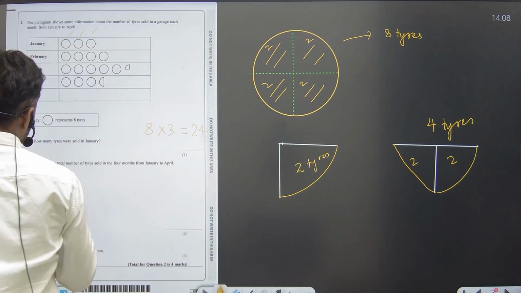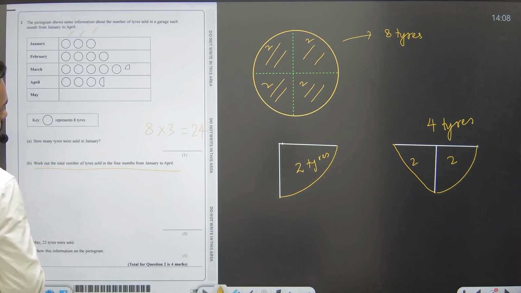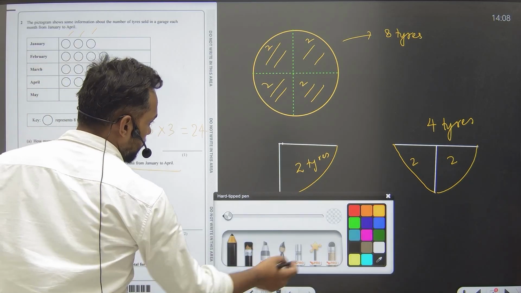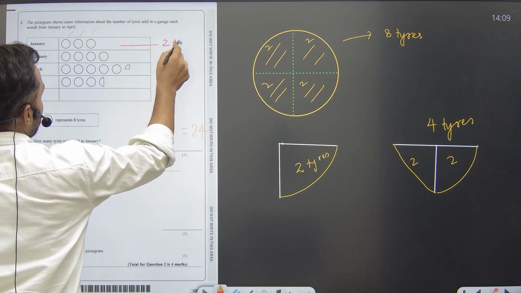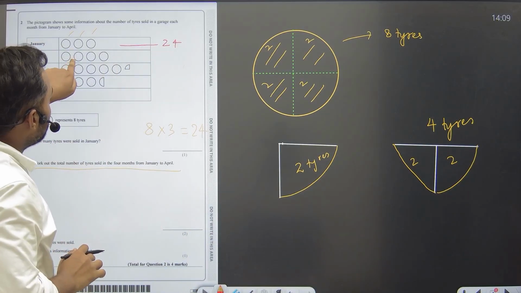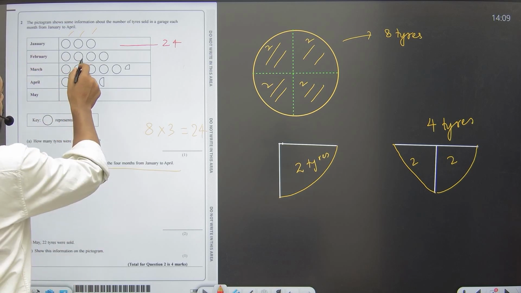Now work out the total number of tires sold in the 4 months from January to April. Okay, we need to go step by step. For January we have calculated 24. For February, how many circles are there? 1, 2, 3, 4.